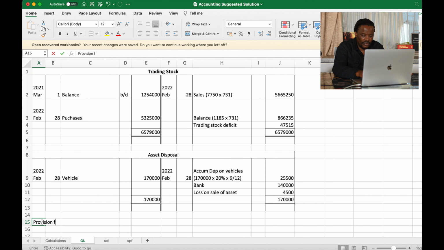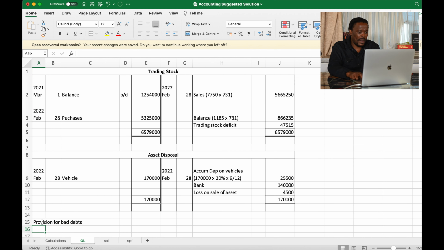Why I'm doing this is to determine whether it is provision for bad debts adjustment in terms of income or provision for bad debts adjustment in terms of expense. It's the only way to do it. And if you do it this way, you're going to collect maximum marks.